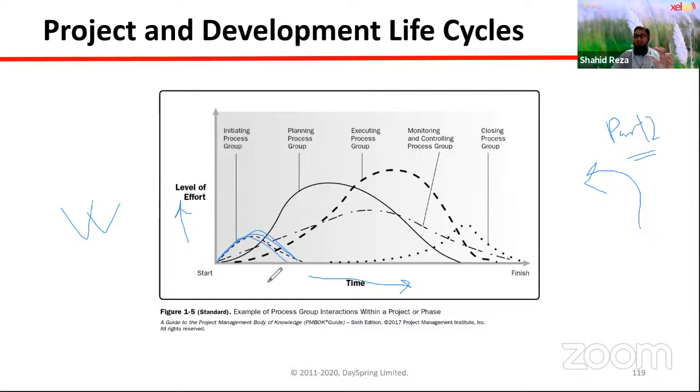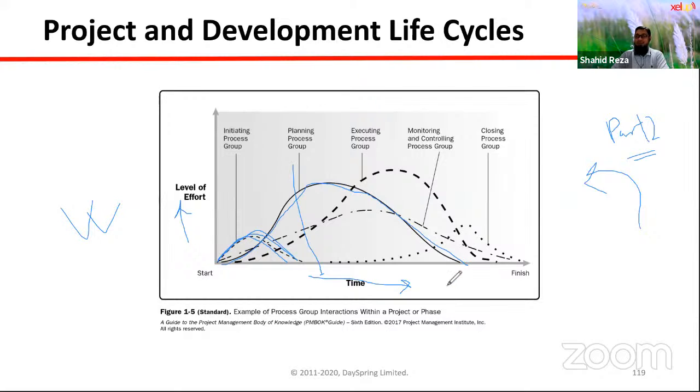This is the general picture. Maybe in some projects the picture will be different, but I am talking about the generalized scenario. And planning, after initiation we are doing planning, and planning is also a huge effort. It doesn't finish here, it goes until here.